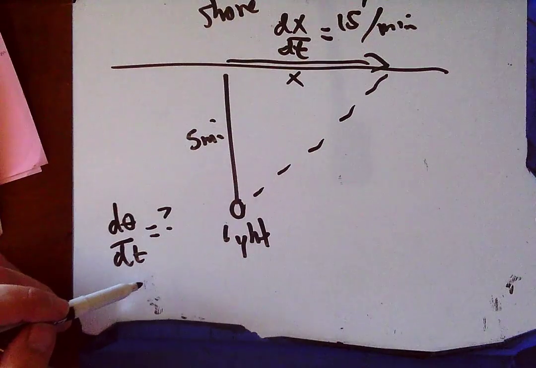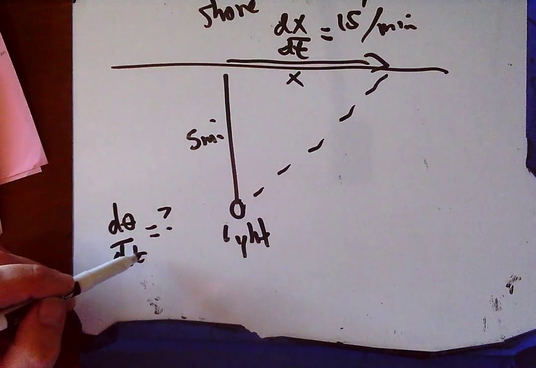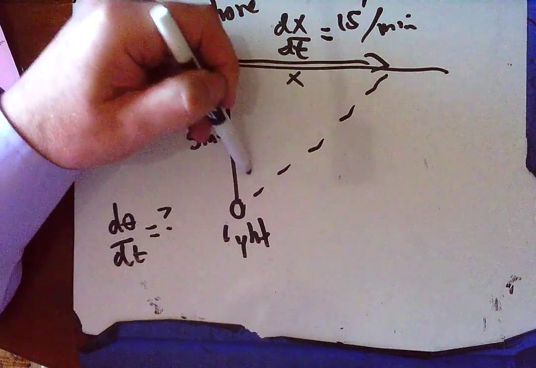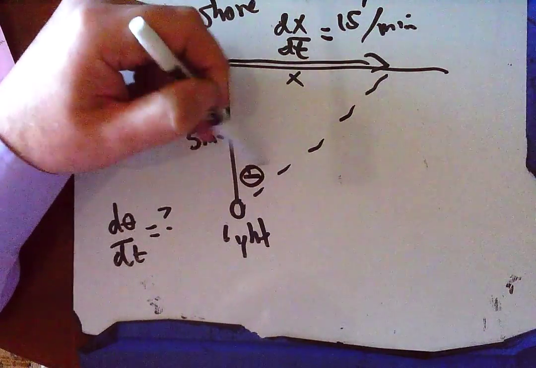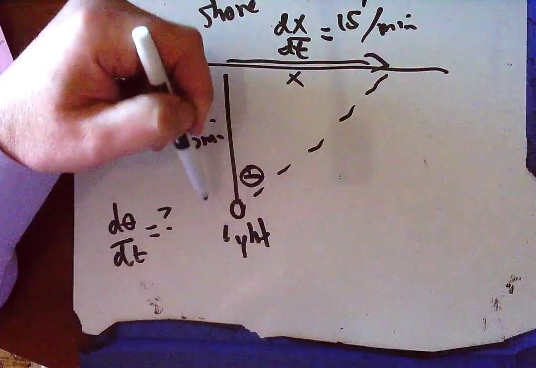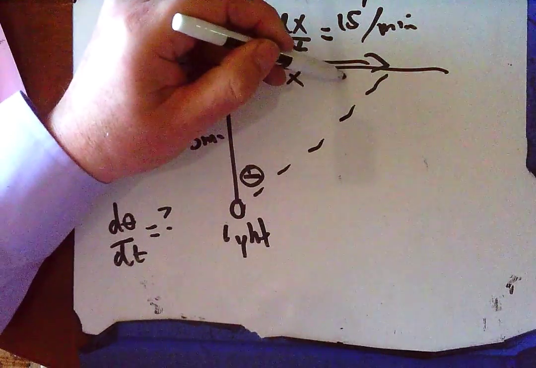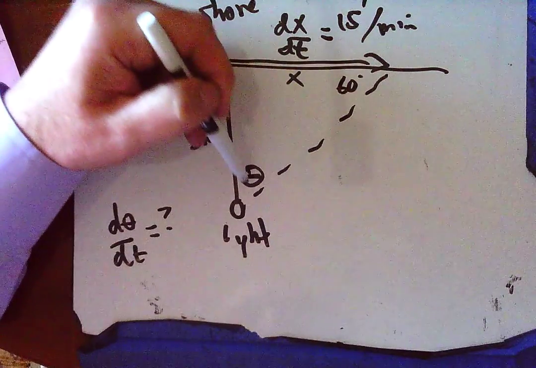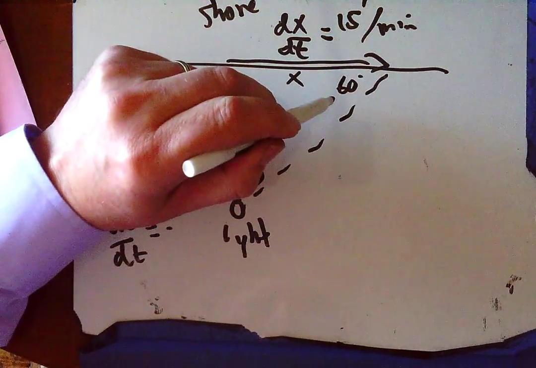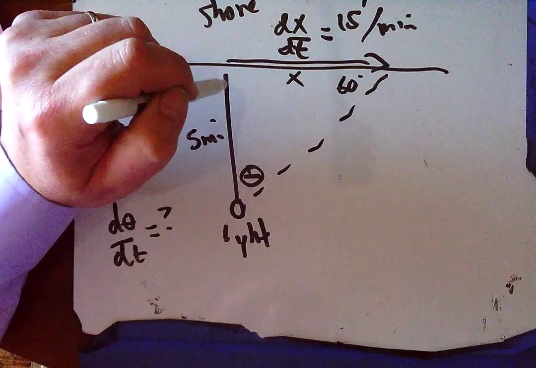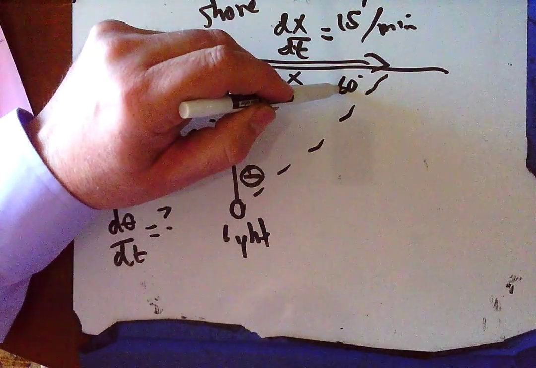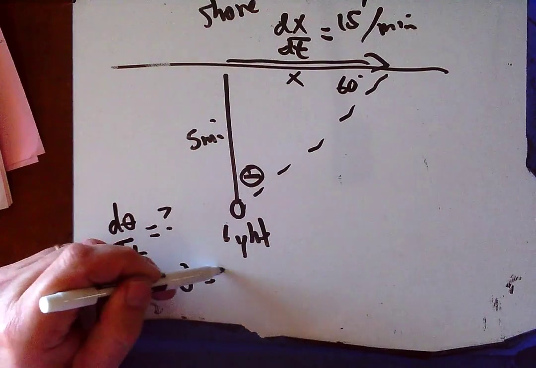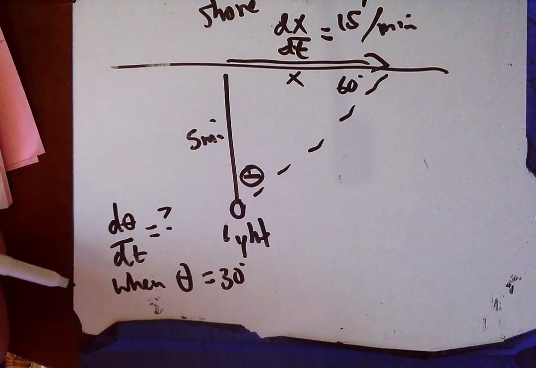The beam makes an angle of 60 degrees with the shoreline. Hey, watch out for that. This is my theta, the angle that the light is turning through, and this is not 60 degrees. The angle with the shore is 60 degrees. So when the angle with the shore is 60, theta equals 30 degrees.